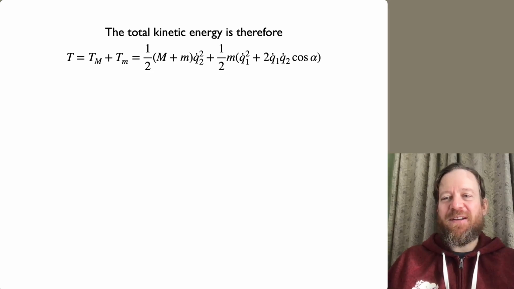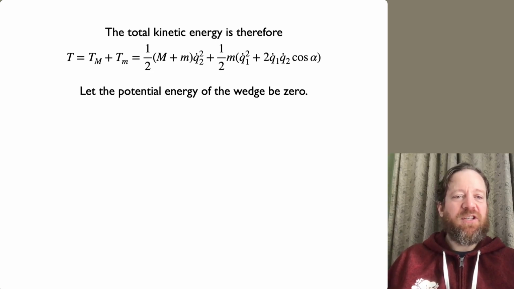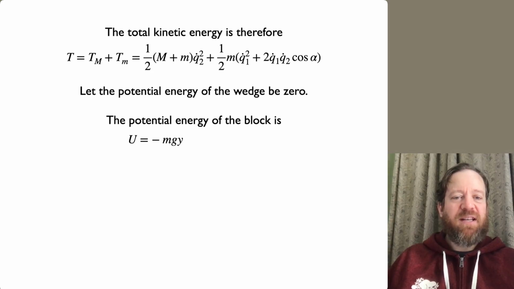So now we move on to do the potential energy. Of course, the potential energy of the wedge we can just simply take to be equal to 0. It's not going to move in the vertical, so the potential energy there doesn't matter. The potential energy of the block, on the other hand, we will write down as being equal to negative mgy.